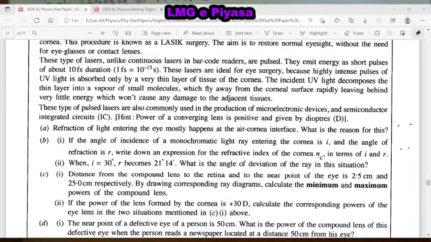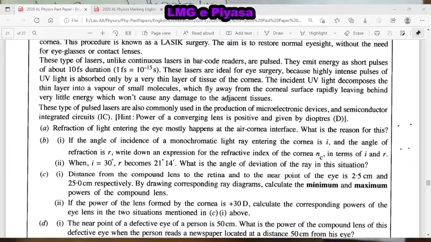Least distance of distinct vision D is 25 centimeters. The distance from the lens to the retina, that's actually the length of the eyeball, is given as 2.5 centimeters. Is it clear?